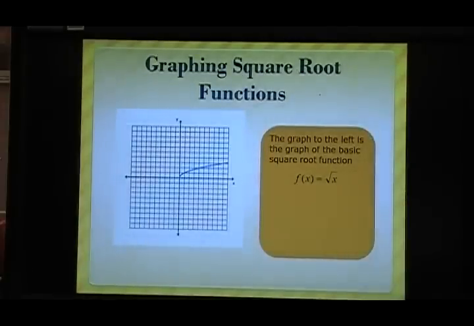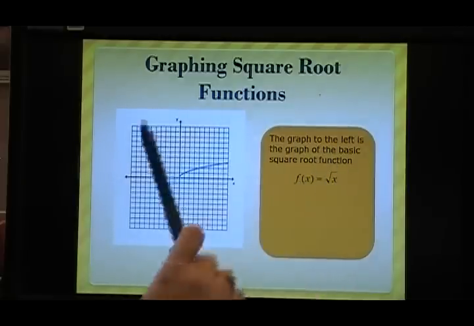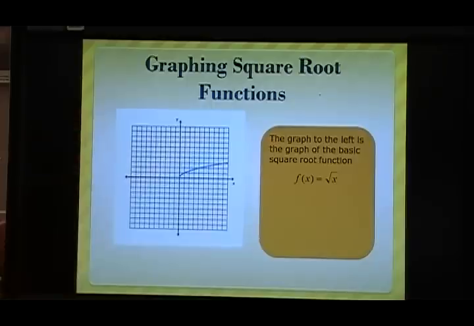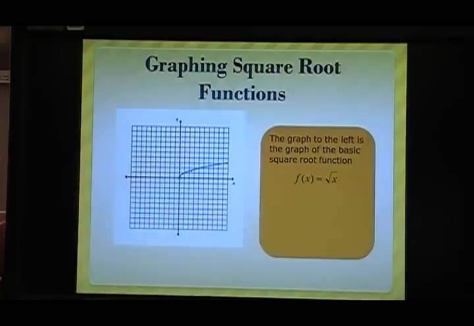Square root functions. So if you're trying to graph functions that are square root functions, you would want to start with the basic square root function, which I have graphed for you here. Please note that this is a point. It does not continue. There's no arrow here, though there is an arrow on the end over here.